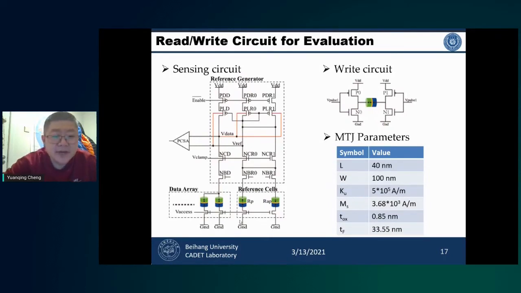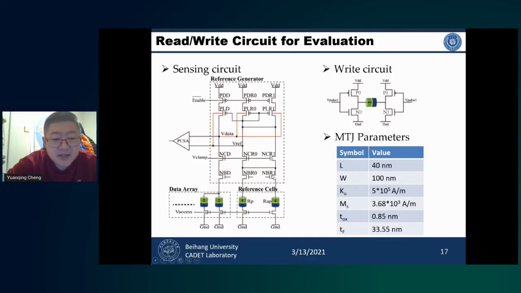Then we evaluate the read and write behaviors of the STT-MRAM. In the left part of this slide is the read circuit structure of the STT-MRAM, and this is the 1T1MTG cell structure. Usually, we resort to a reference cell that can be composed of a parallel high resistance MTG and low resistance MTG.